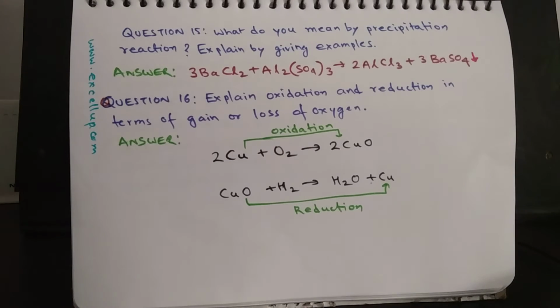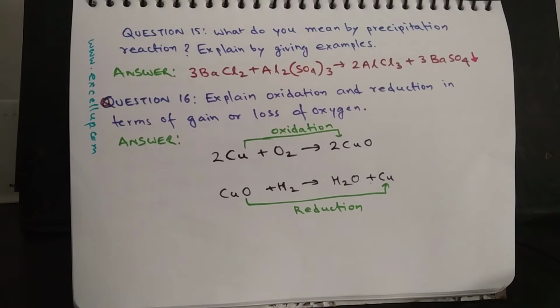Question number 15. What do you mean by precipitation reaction? Explain by giving an example. A precipitation reaction is a reaction in which one of the end products is insoluble in water.